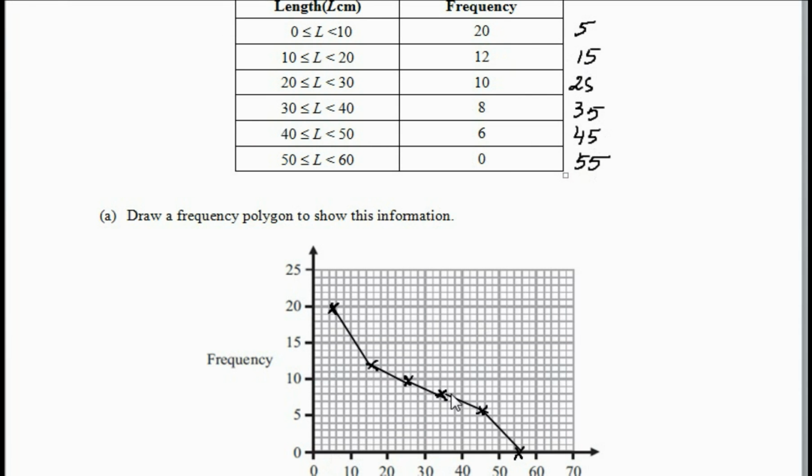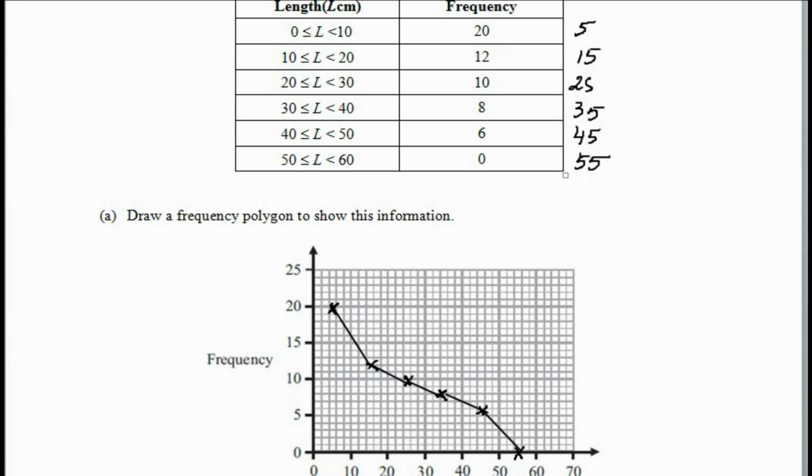We plot the points, and I would like you to draw crosses so your points would be clearly seen, because they will be checked, every single one of them. And then you join these points with a straight line, using obviously a ruler. Okay, that's everything you need to know for this question.